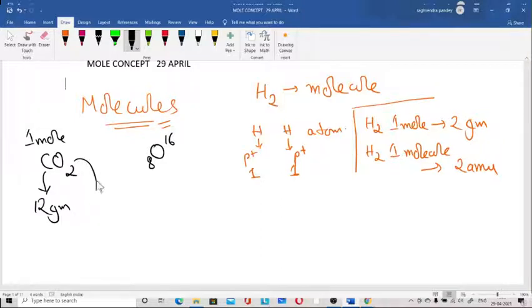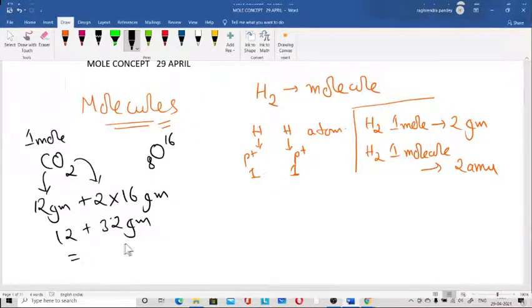So there are two oxygen, so that will be 2 into 16 grams, oh sorry, 32 grams, plus 12, so the total is 44 grams. That's how we calculate the weight, that is for 1 mole.